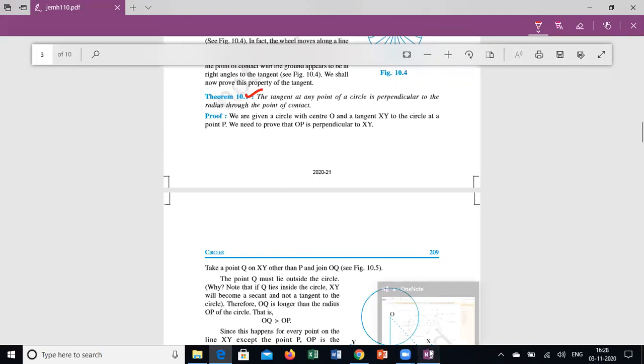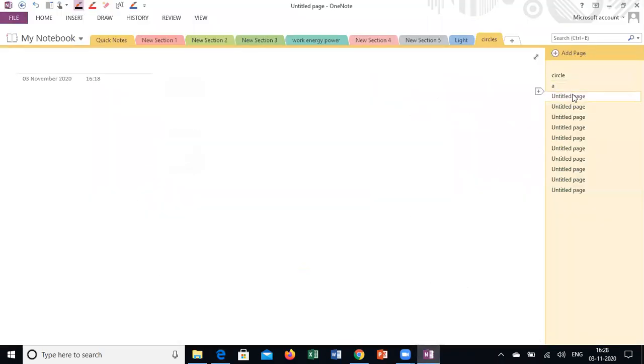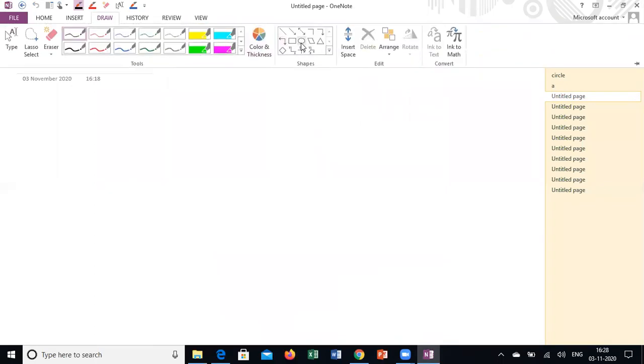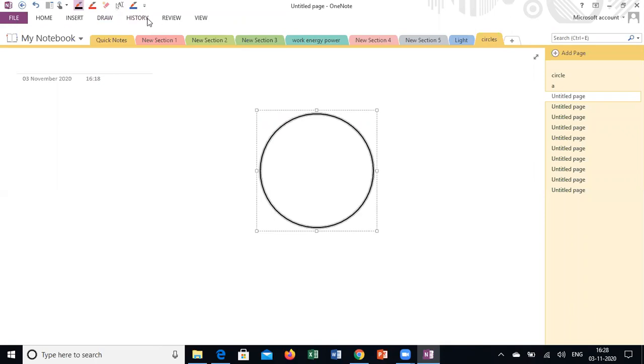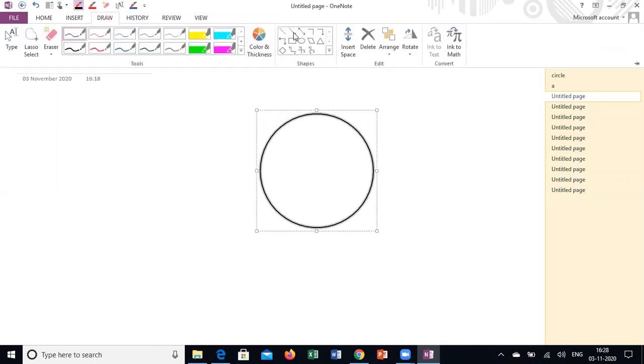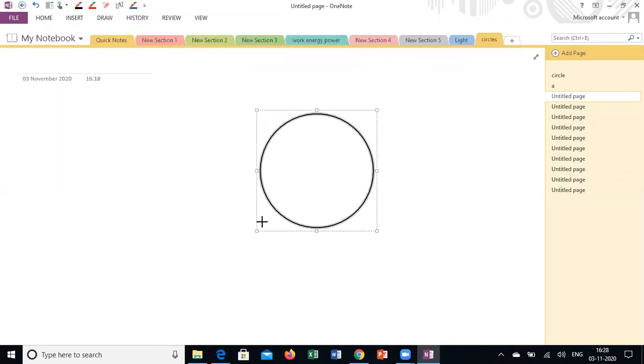That means wherever you draw a tangent to a circle, according to the definition, it is a line which will touch the circle only at one point.